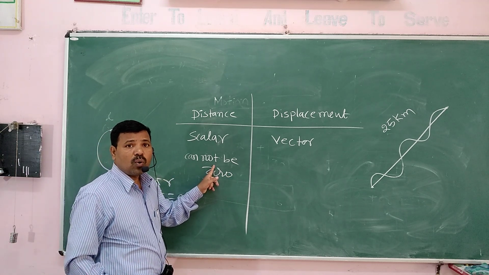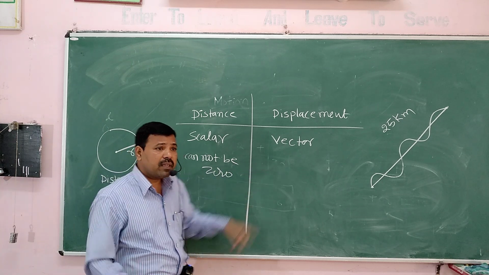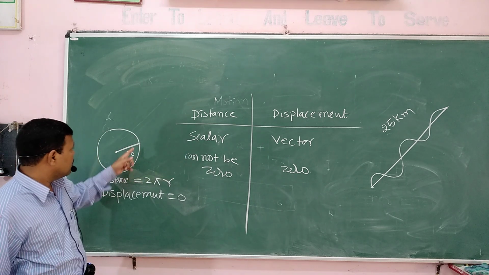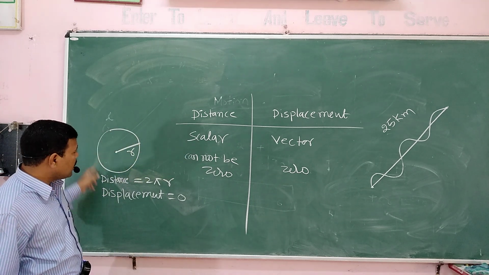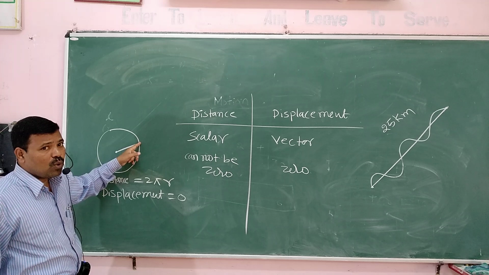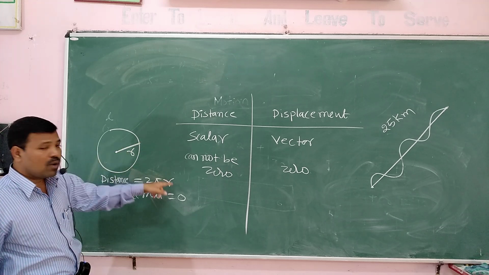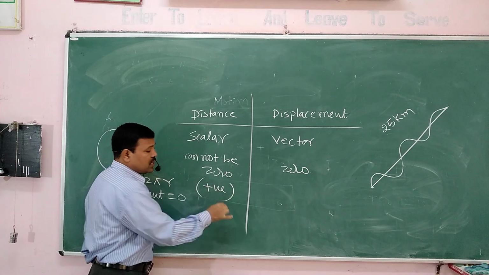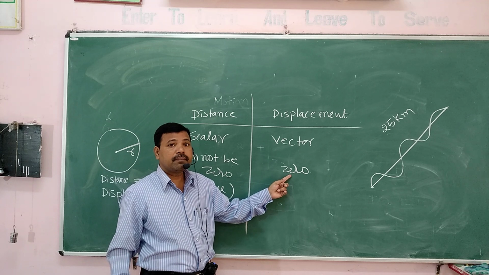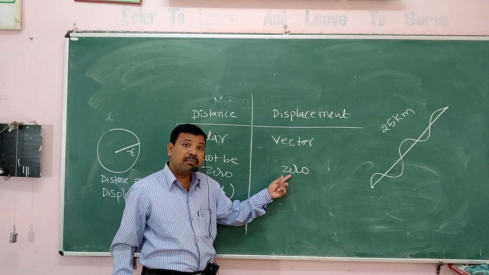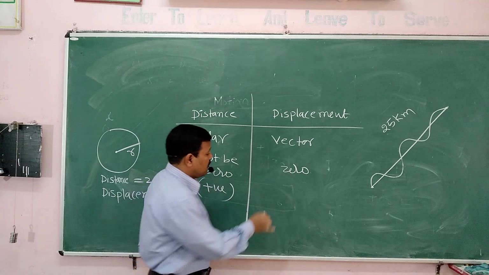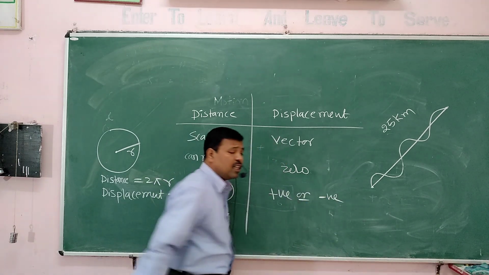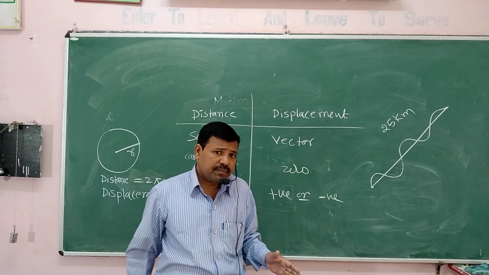But displacement can be 0, just like in completing one round, displacement is 0. But distance is always positive. But displacement can be positive or negative, depending upon the direction.